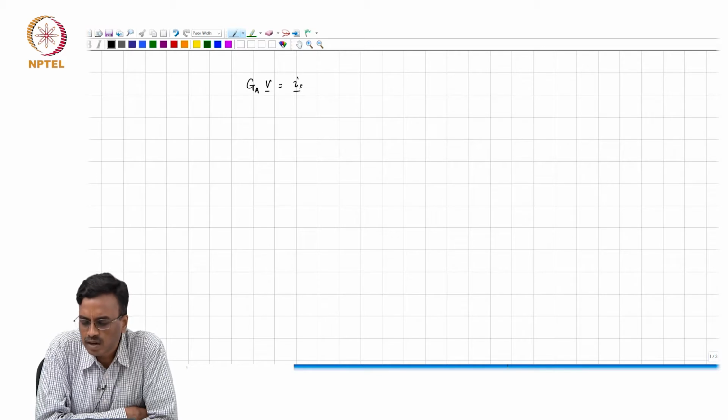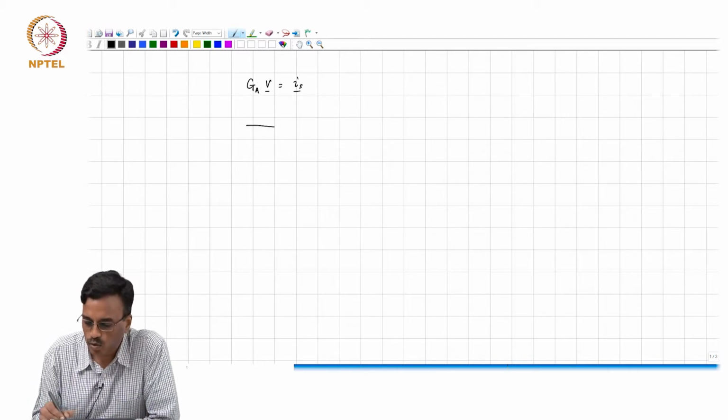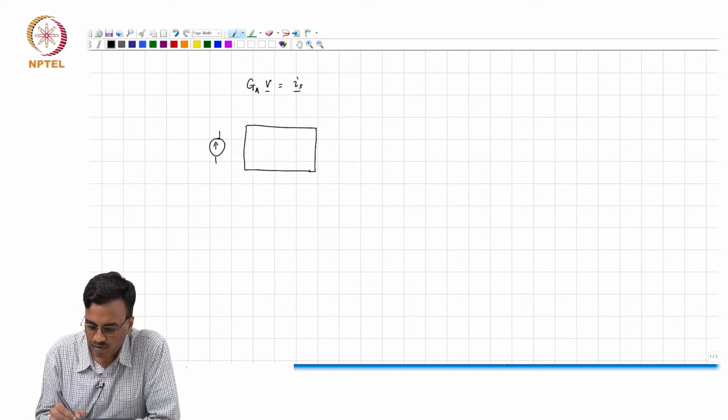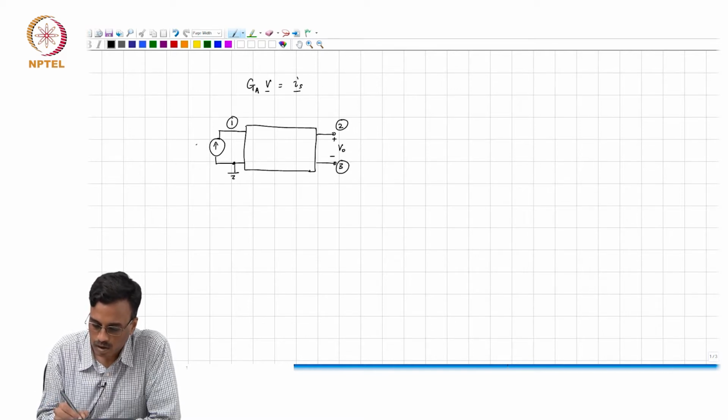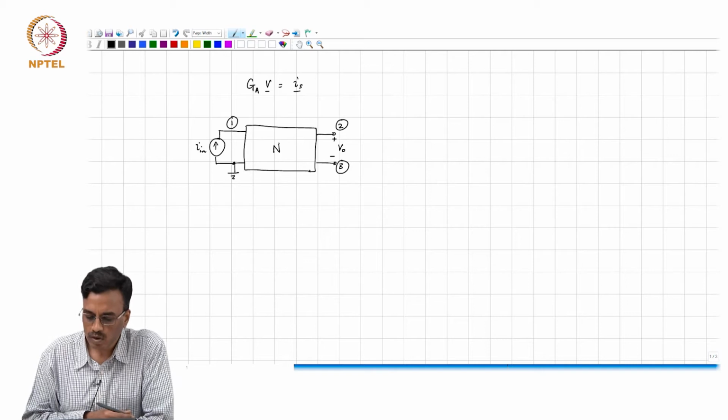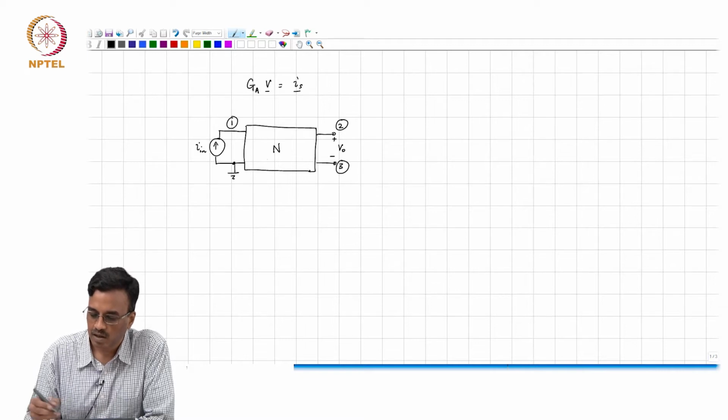We saw that when we work with reciprocity, in the case of a current excitation and a voltage output, what we are doing when we write these equations is injecting a current into node 1.